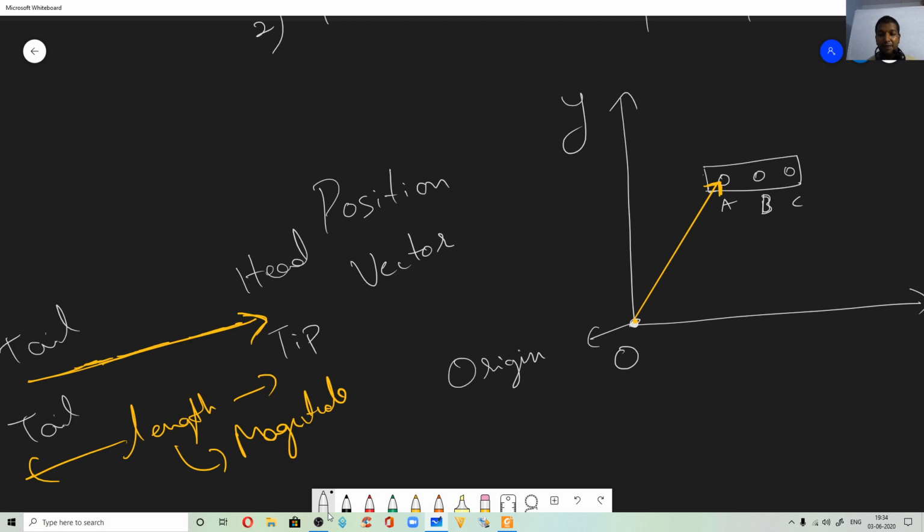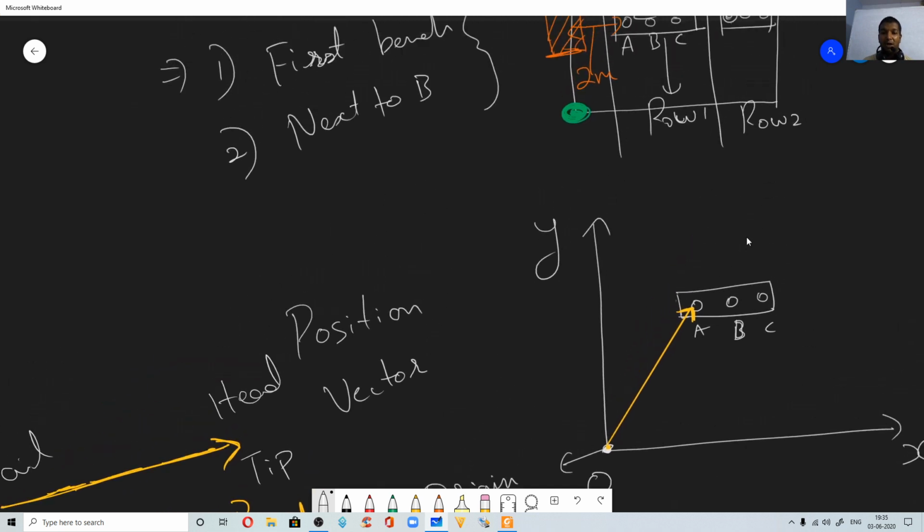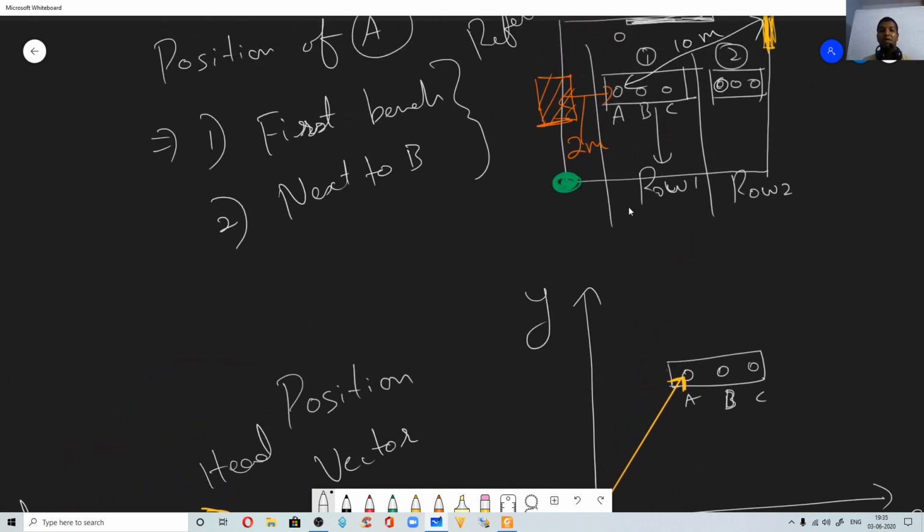Now again, where is this person A? We will first choose a reference. In this diagram, I have chosen the origin as the reference. It can be anything. Imagine the origin to be the corner which is behind you, this green color whatever I have highlighted here.